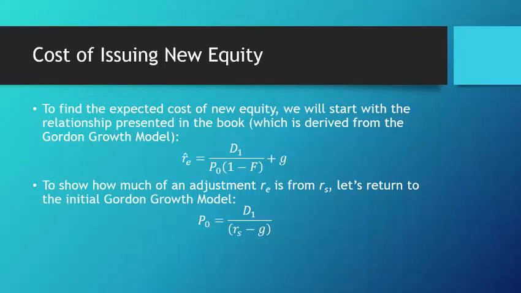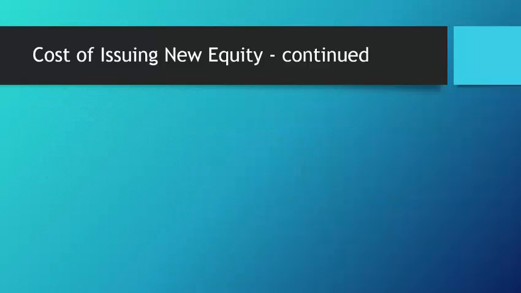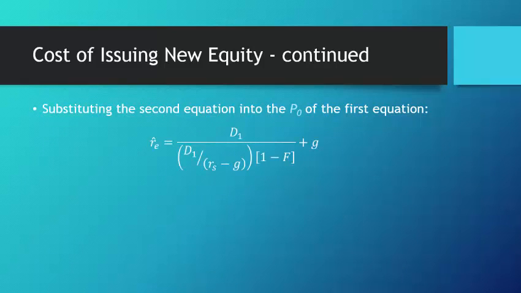So, being the algebra nerd that I am, I'm going to substitute this second equation, P sub 0 equals D1 over R sub S minus g, into the first equation, replacing where it says P sub 0. And here we go. Because we have a D1 in the numerator and the denominator, they cancel out.